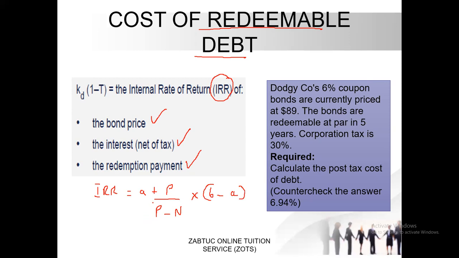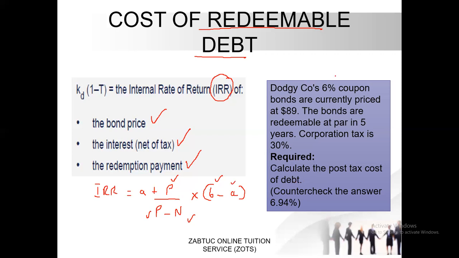I'm sure you remember this formula where I need the two discount rates, B and A, and two NPVs, P and N. You put them in the formula, you find your cost of debt.